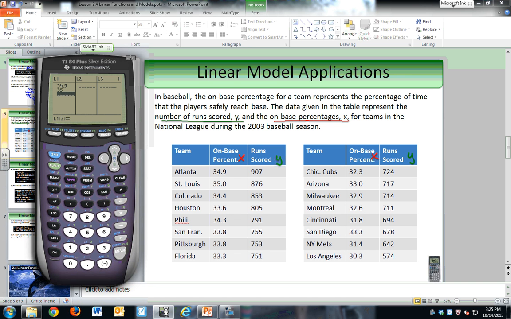Enter. Okay, 34.4. So I'm putting in all of the X values, all of the on-base percentages from both tables. Make sure you're doing it in order.